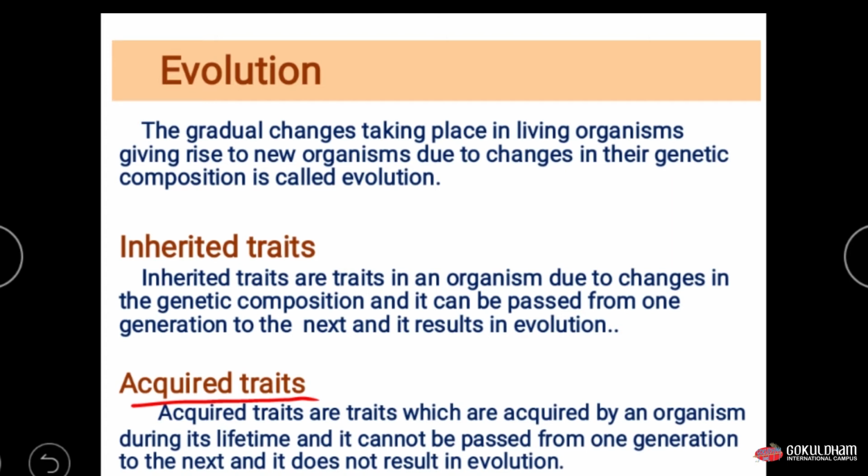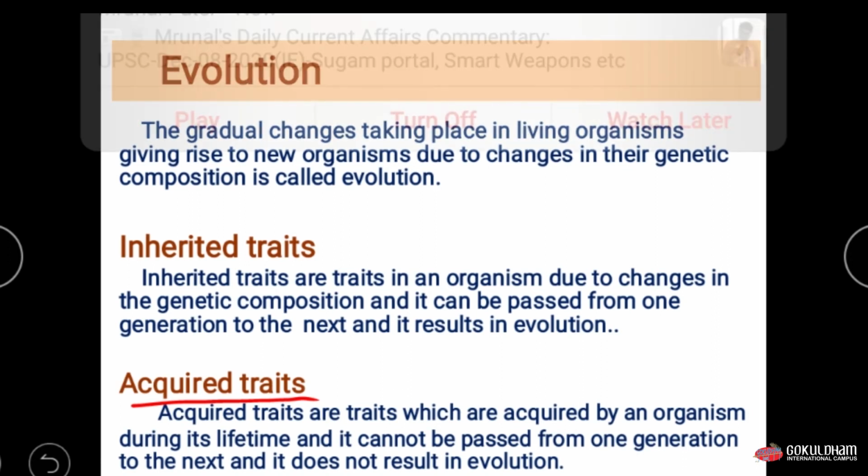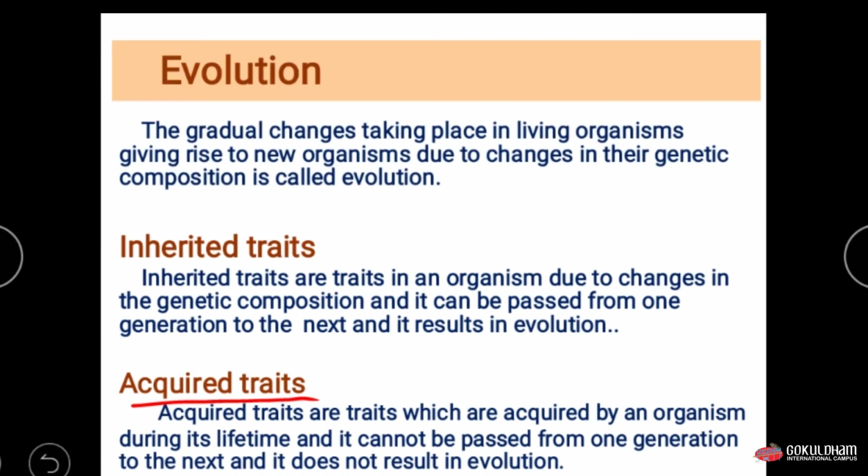And this cannot pass from one generation to another generation. Means जो acquired character है वो one generation to another generation पास नहीं होगा, and it does not result in evolution. So this is about inherited trait and acquired trait. That can be asked in exam, that what is the difference between inherited trait and acquired trait.